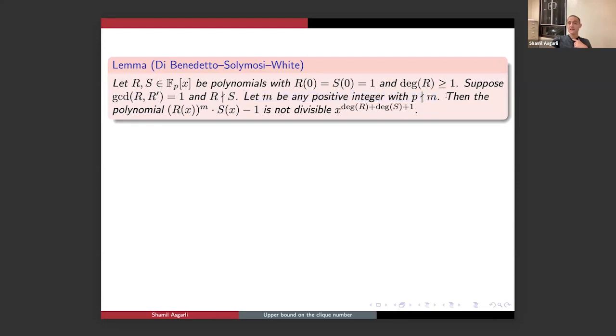Then the following condition holds. If you look at the polynomial R(x) raised to the mth power times S(x), then subtract 1, that polynomial is not divisible by x to the power of degree of R plus degree of S plus 1.